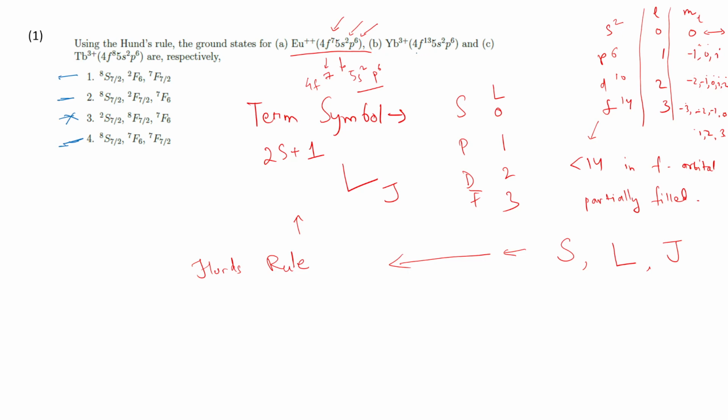Here, for Yb3+, we see that it is 4f13 and these two are totally filled. But 4f13 is there. So 13 is less than 14. Okay, so it is partially filled, but it is more than half filled. So let us try to fill that and determine what the term symbol is.